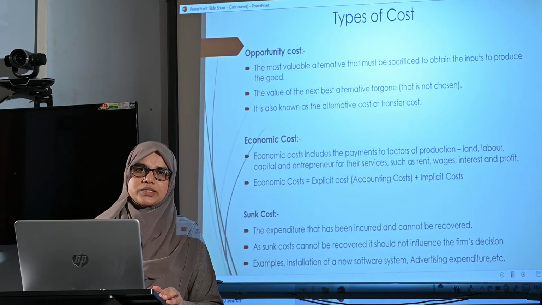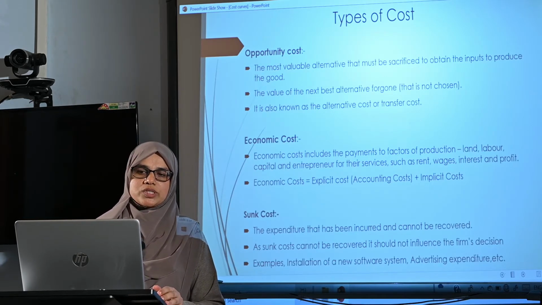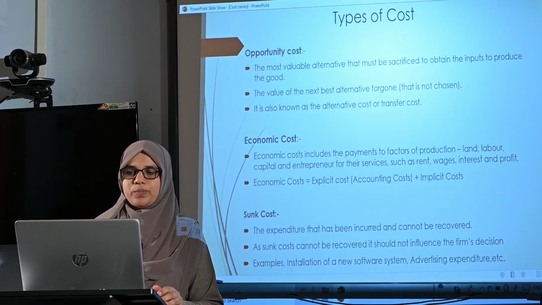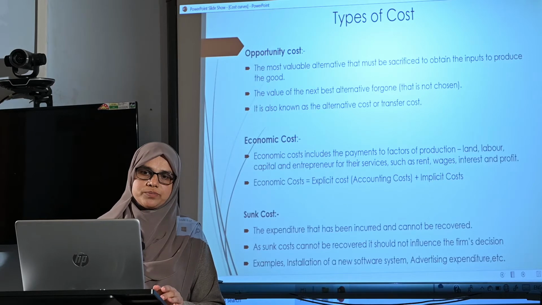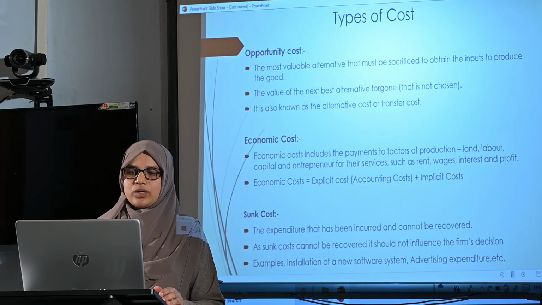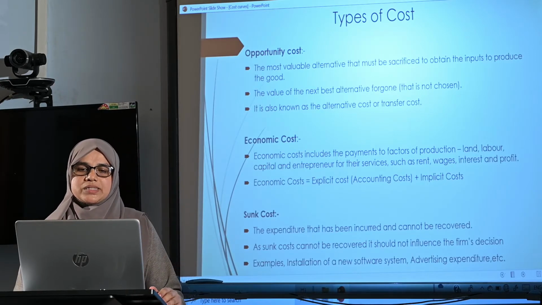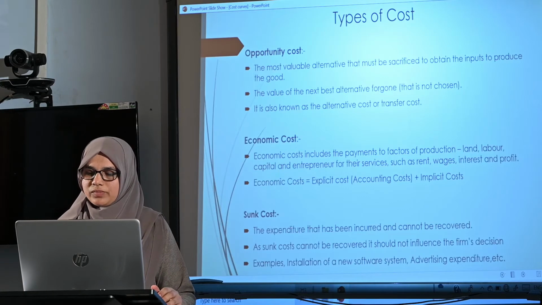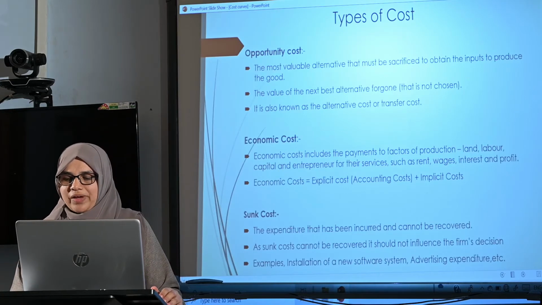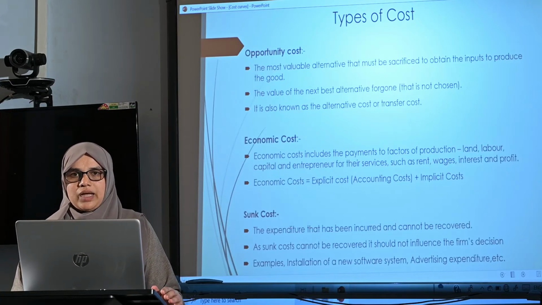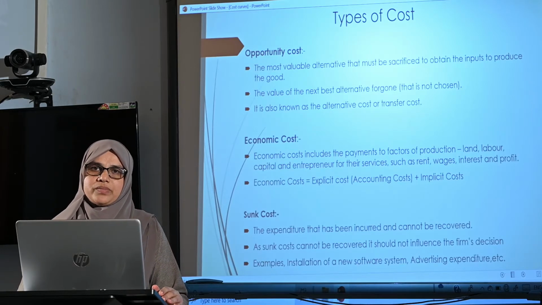Another type of cost is opportunity cost. Opportunity cost is the most valuable alternative that must be sacrificed to obtain inputs to produce the good. It is the cost of next best alternative foregone. The factors of production have alternative uses.